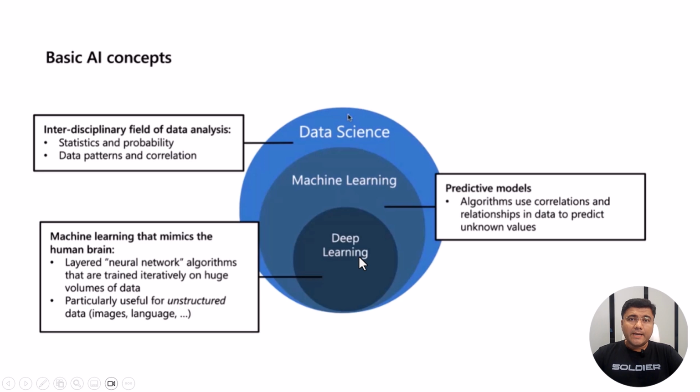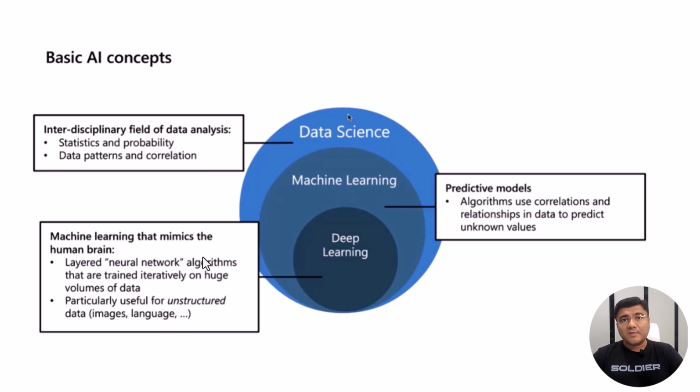Deep learning is a subset of machine learning, and it focuses on mimicking the human brain. Deep learning has created a structure which tries to mimic human brain capabilities. I hope you all know that in our human brain we have neurons, and those neurons process information.